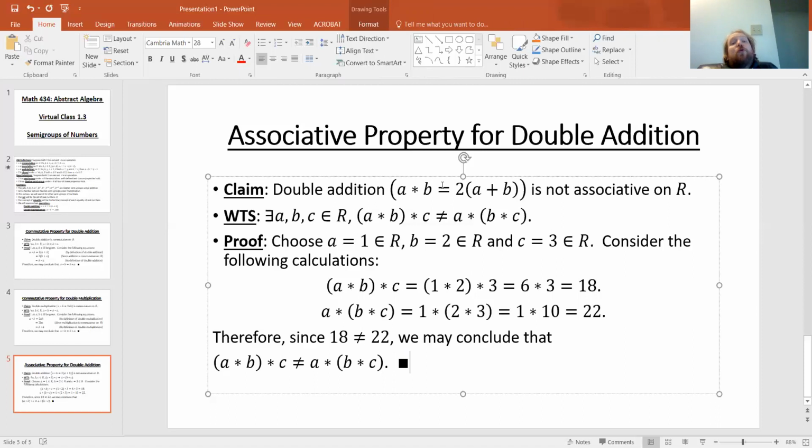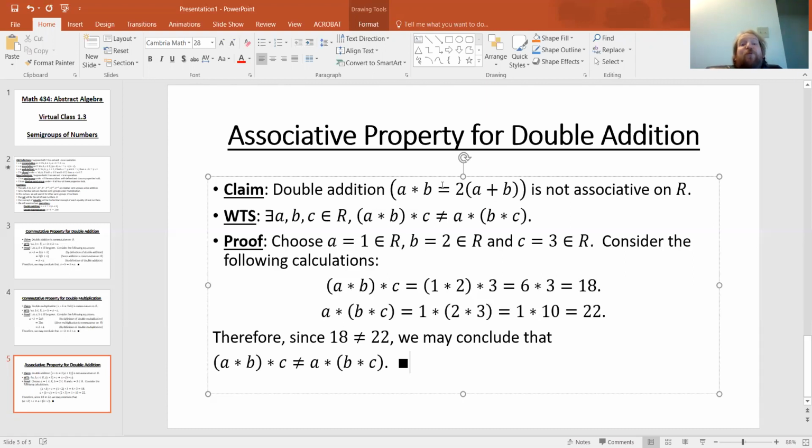Now, what you might notice here is double addition is an operation that is commutative, but not associative. In high school, commutative and associative seemed similar because addition and multiplication were both commutative and associative.